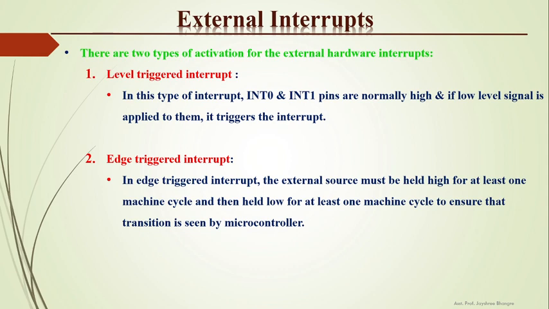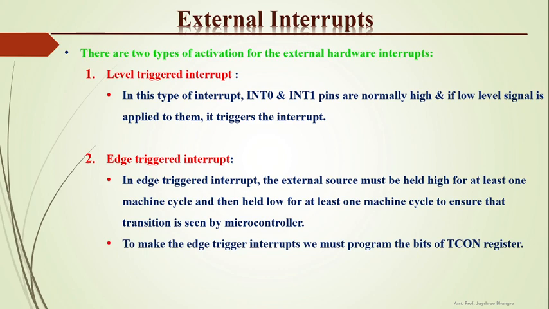At that time it will generate the interrupt, and for that purpose, to notify that transition from high to low, we have to hold the signal high for at least one machine cycle, and then hold it low for at least one machine cycle, so that the microcontroller can notice the transition from high to low and generate the interrupt.